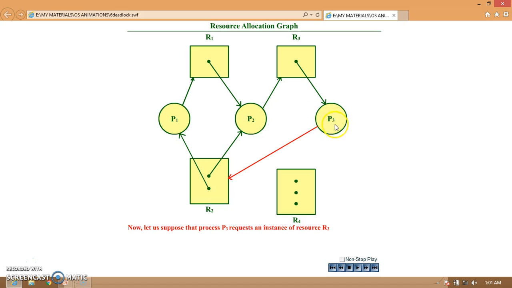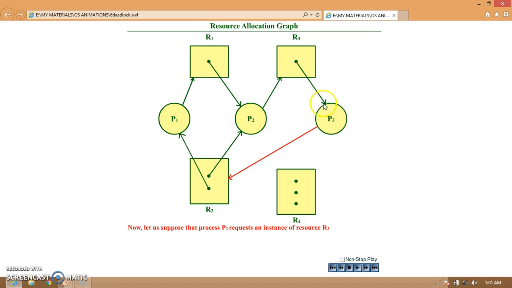That means process P3 has to wait until resource R2 is released by process P1 or process P2. But now you can see process P1 and P2 are already in a waiting state. So there is no possibility of releasing resource R2 by P1 or P2. That means it cannot be allocated to process P3, and that's why process P3 will not be completed.